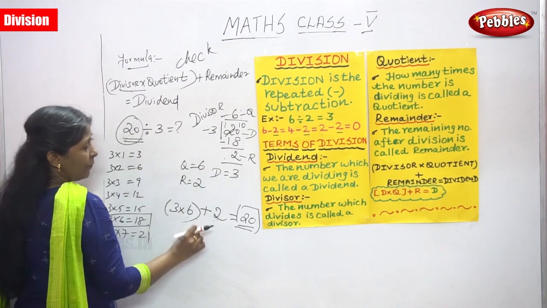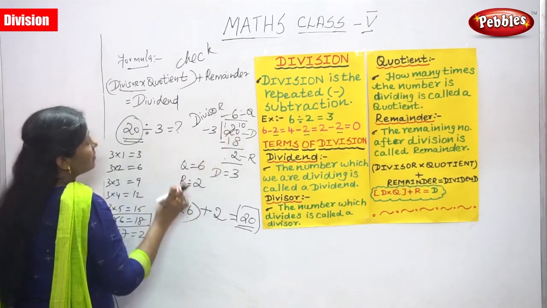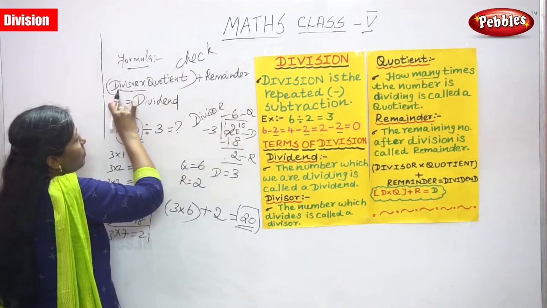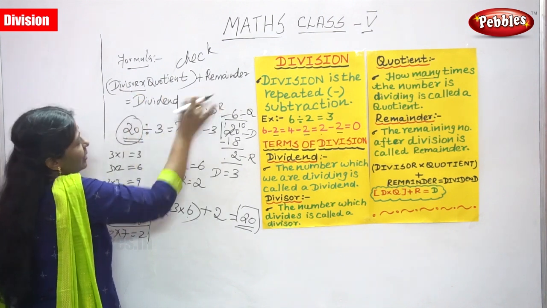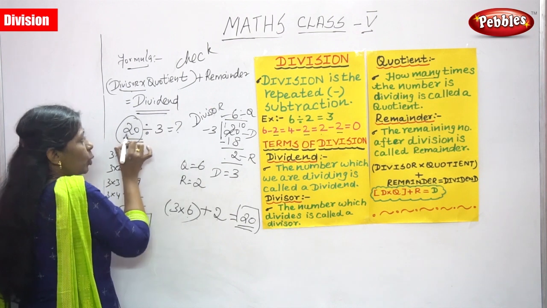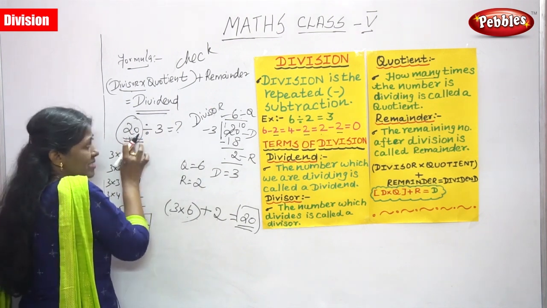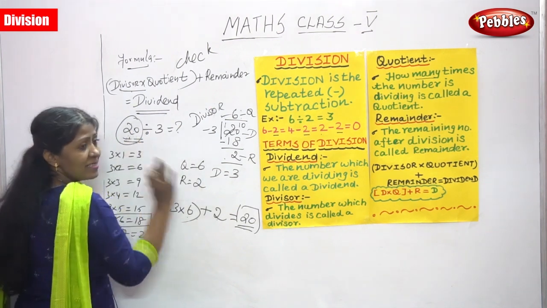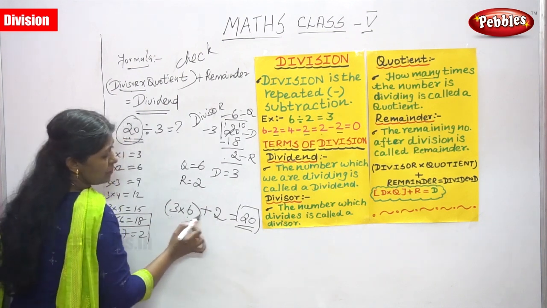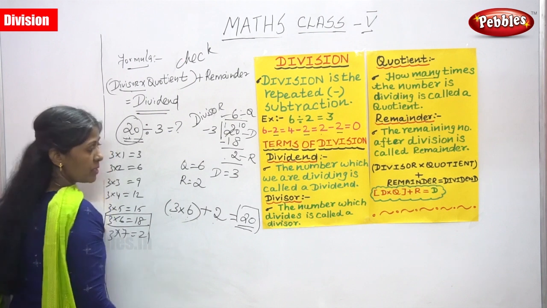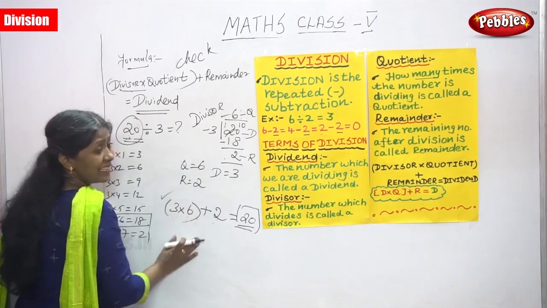First multiply the divisor with the quotient, then add the remainder. If you get the dividend, that is the question, then your answer is correct. So 3 into 6 plus 2, you get 20. So now you have done the correct answer.